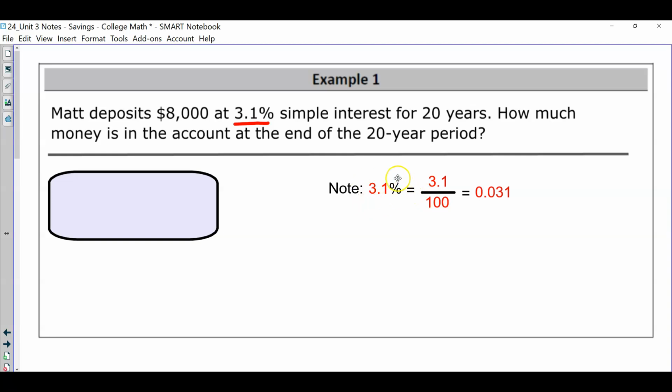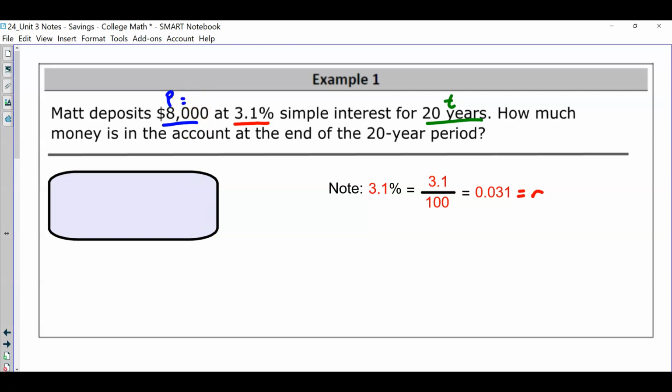So I have 3.1%, remembering that you're going to change 3.1 from a percent to a decimal. Dividing that by 100 gives us 0.031. So then that's the rate that you want to be using. So this is the R. Whereas you have your years, which is T. And then you have your principal amount, which is 8,000.